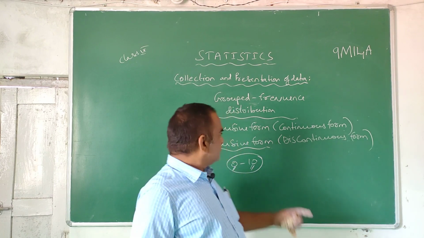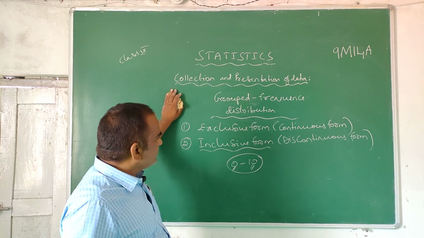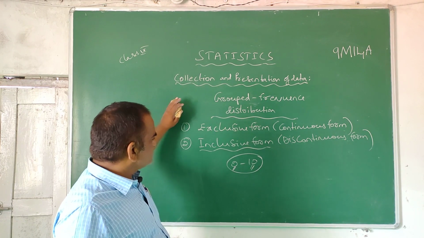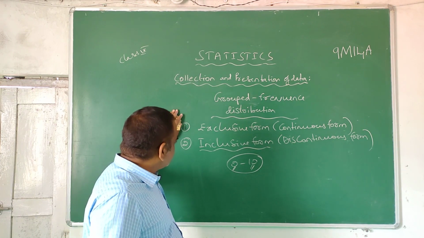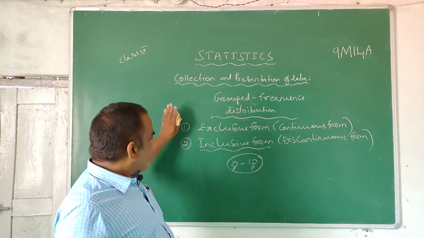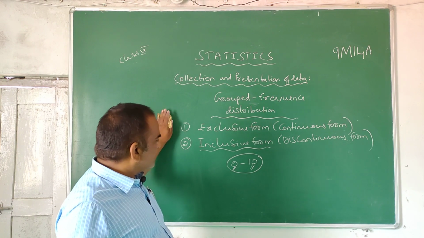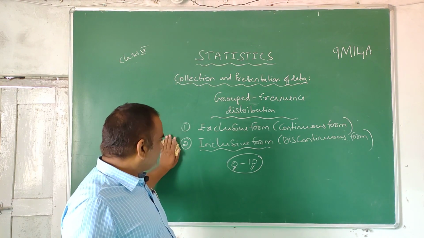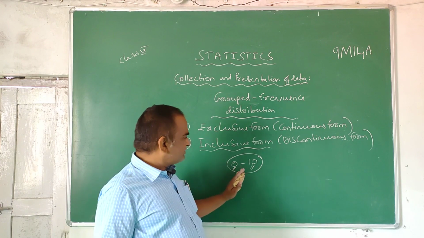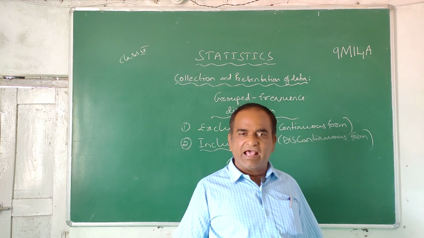Understood? So there are two types of presenting a grouped frequency distribution: exclusive form, where the upper limit is excluded in a class, and inclusive form, where both lower and upper limits are included in that class. Understood?